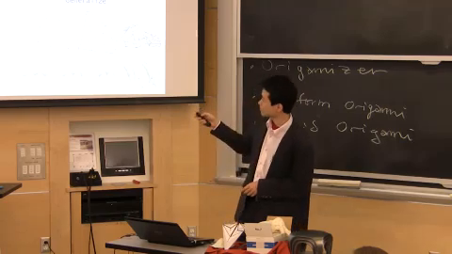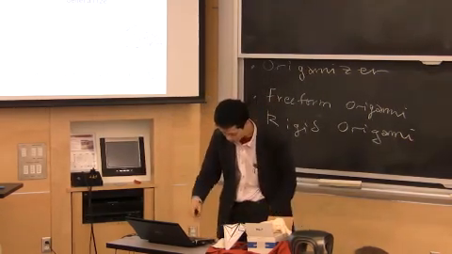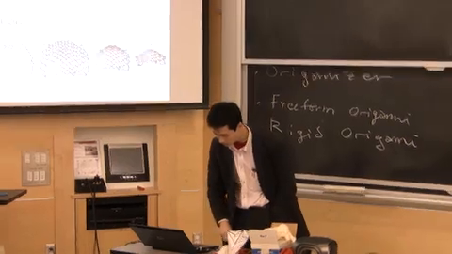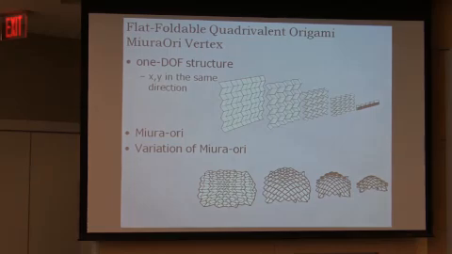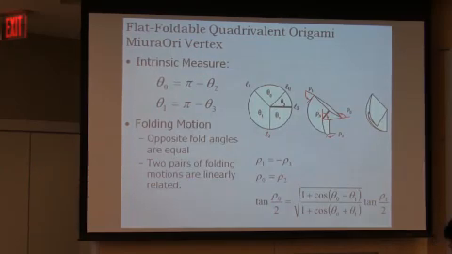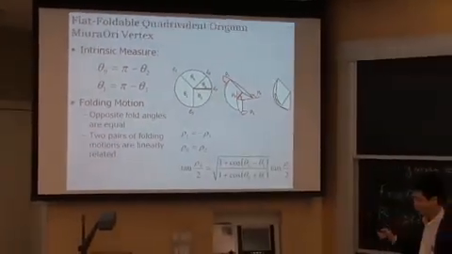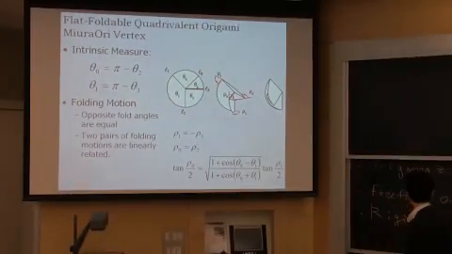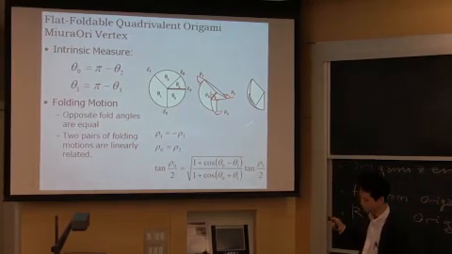So this can be generalized to rigid non-symmetric forms. Miura-ori is something like that, and we can extract the property of rigid folding by looking at these vertices.